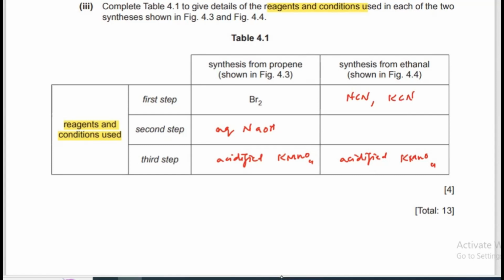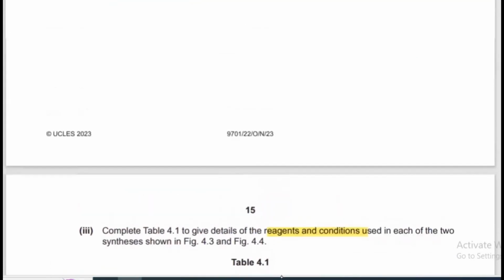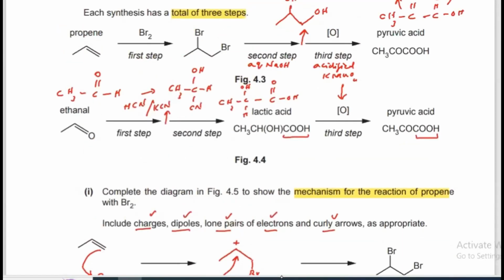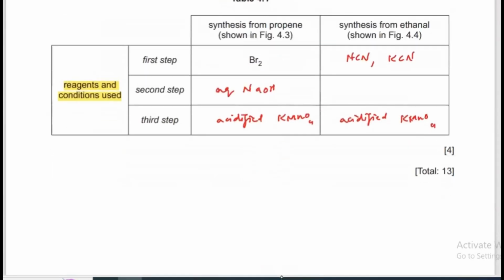Then in the second step, we are converting the CN to a carboxylic acid. So this is the acid hydrolysis of the nitrile. Acid hydrolysis means you have to use acids. You can use dilute HCl or dilute sulfuric acid.